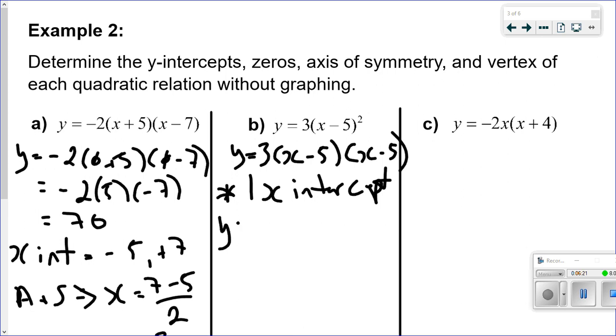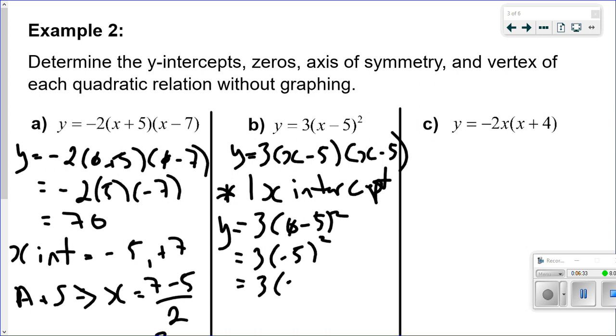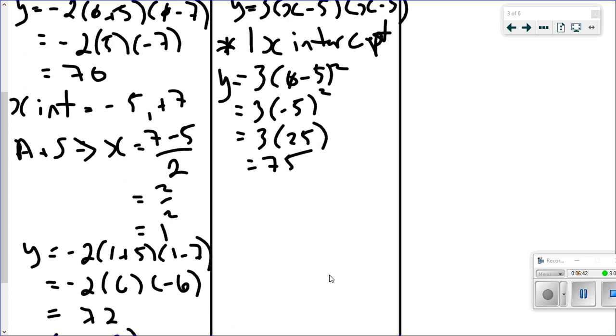So y-intercepts. Now the nice part about this is that because it's squared, it means less math for us. So the y-intercept is at 75. Now you could memorize this.